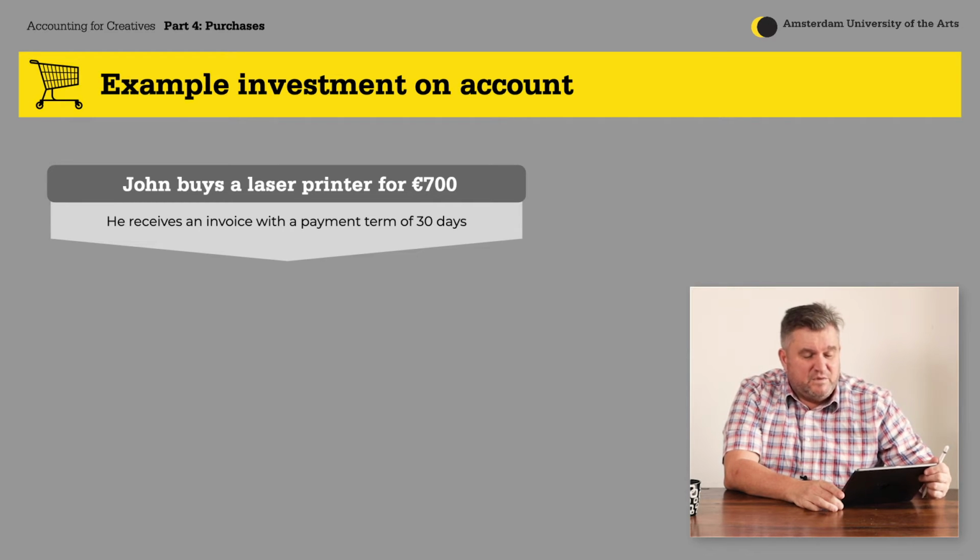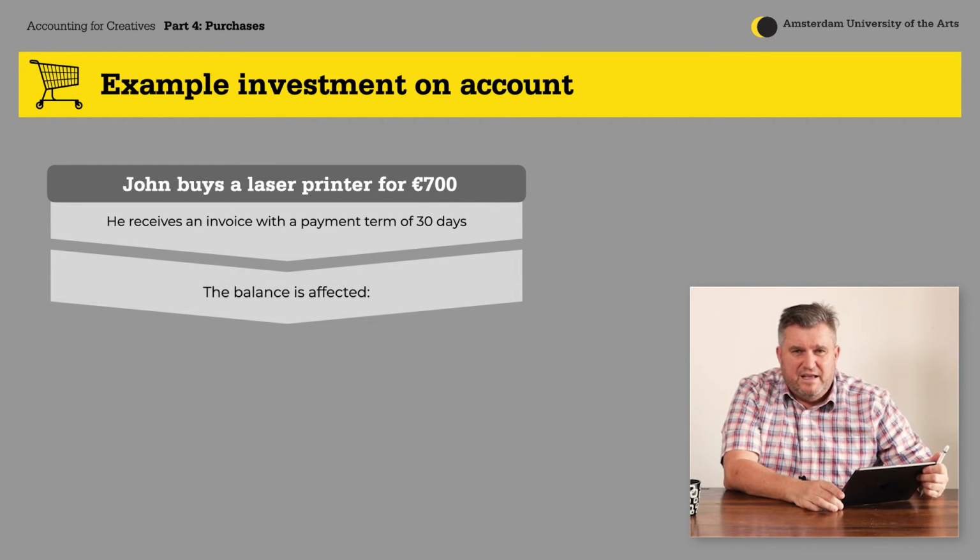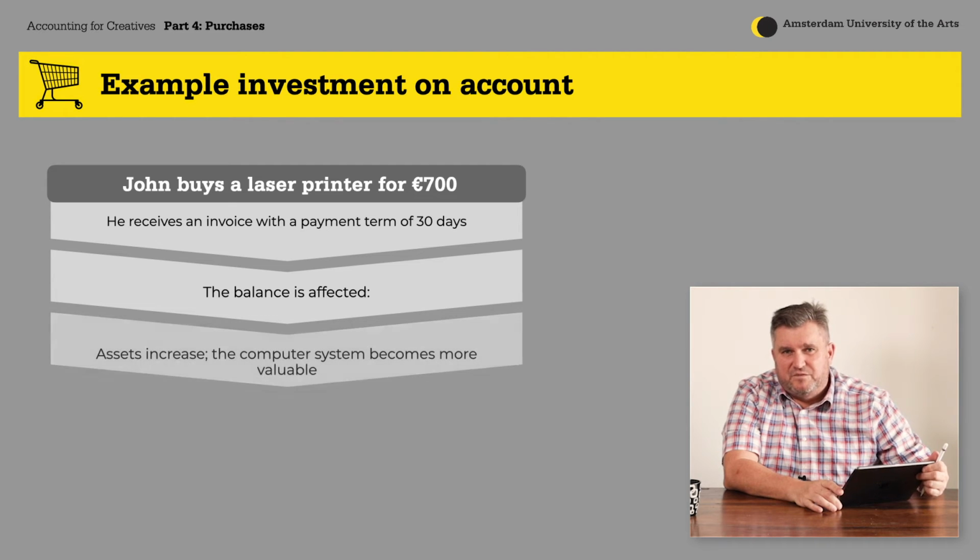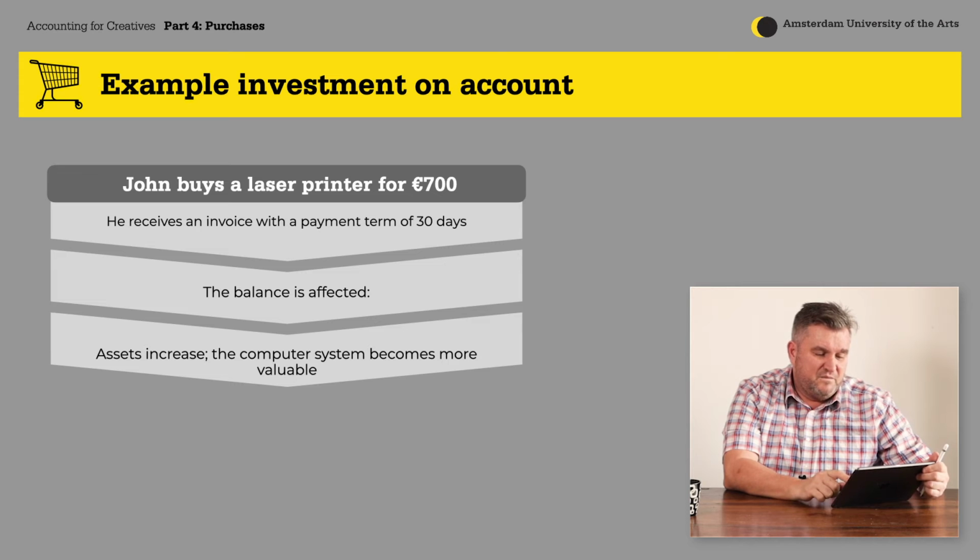Well, we receive a laser printer, and on the balance we had this account, the computer system. The computer system becomes more valuable as there are 700 euros of printer added to it. So the assets will increase. The left side of your balance will increase because of this more valuable computer system.